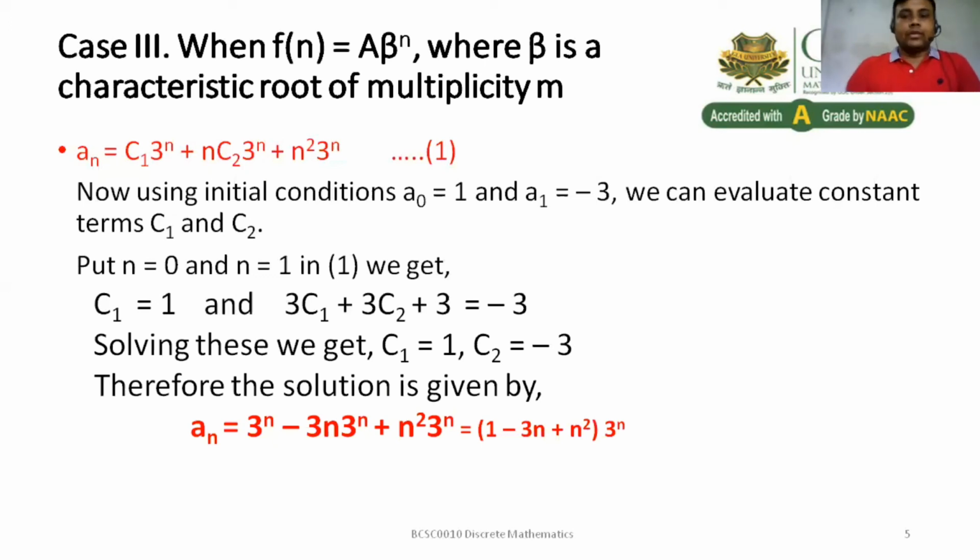In this way we can solve the recurrence relation whenever the non-homogeneous part is of the form a beta to power n, that is, an exponential function. If beta is not a characteristic root, we assume the particular solution is of the form c into beta to power n, and if beta is a characteristic root of multiplicity m, we assume the particular solution is of the form a into n raised to power m beta raised to power n.